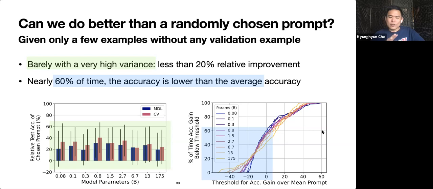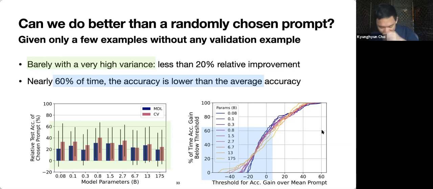It turned out that the answer is barely so, and this is barely so with a very high variance. We observed a less than 20% relative improvement, and the variance was so high.